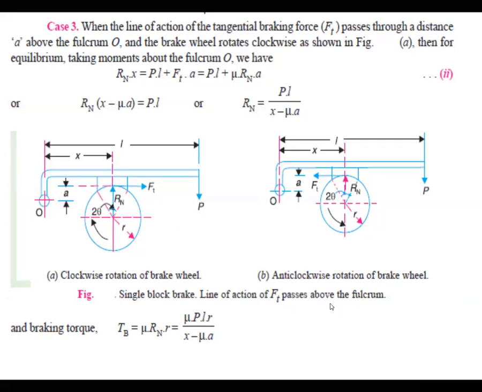I hope you have understood. In total we have three cases here, and they are helpful to us in finding the braking torque. Next class we will continue with further steps and solve some problems also. Okay guys, thank you.